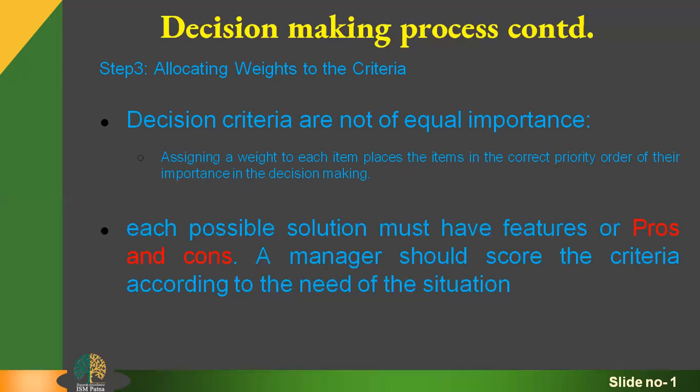This is not the way. Every option, every criteria or proposal or alternative presented for decision making must have some level of risk in it. There may be a lesser risk percentage, there may be a higher risk percentage.